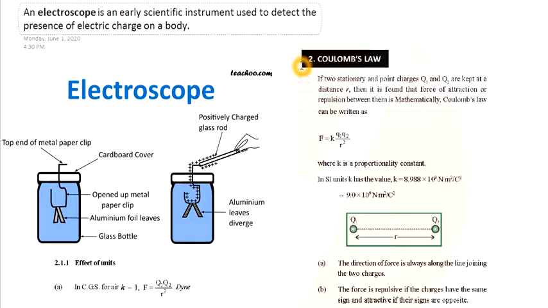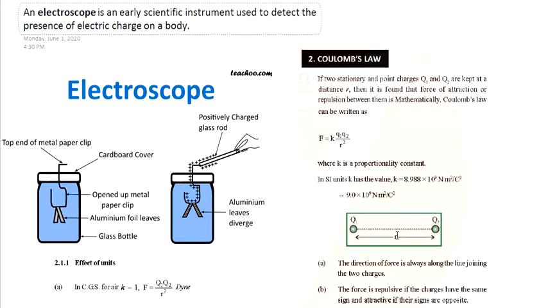Now see Coulomb's law. Coulomb's law concerns two stationary charges q1 and q2, with a distance r between them. We know that if the charges are similar, they will repel each other, and if the charges are of opposite sign, or dissimilar, they will attract each other.